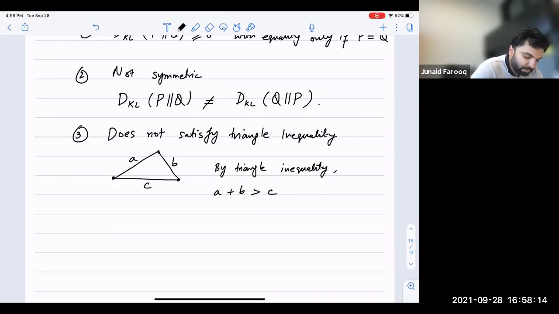So if you take the length A and then add B to it, it's always going to be bigger than C here. That's true for all triangles.